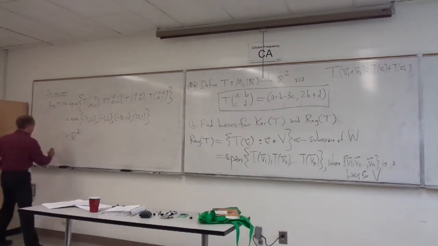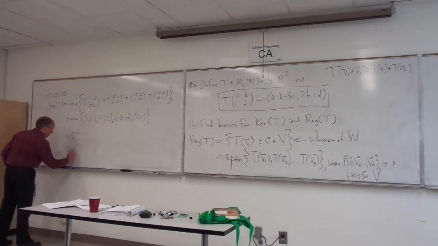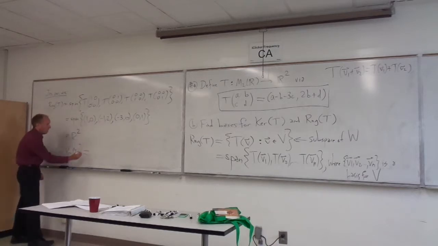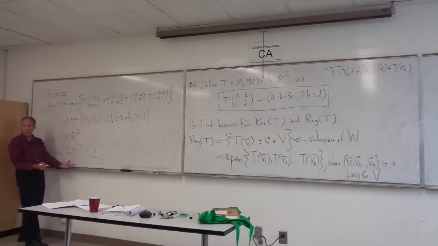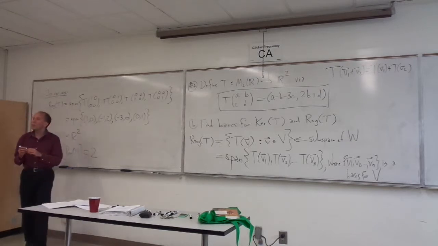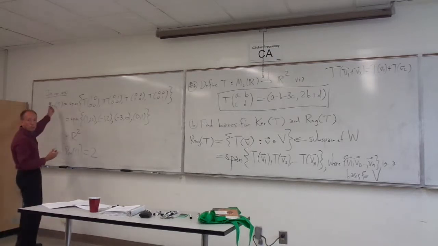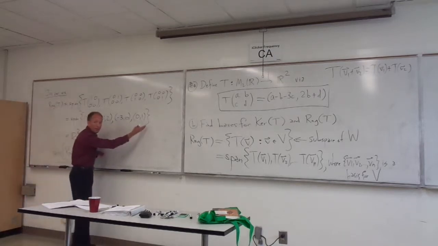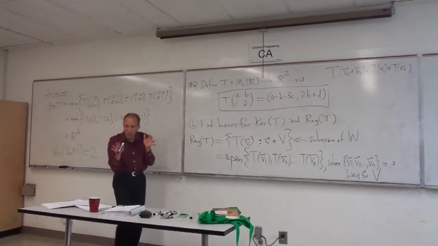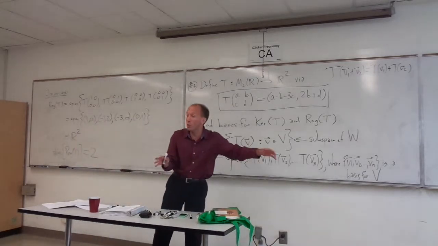But then at the end of the day, what did we decide that the dimension of the range was? 2. Yeah, the dimension of the range is just the dimension of R2, which is 2. So this is one of those places where I have to remind you to be careful: when you have a vector space that is the span of something, don't assume that the dimension is equal to how many vectors you have.